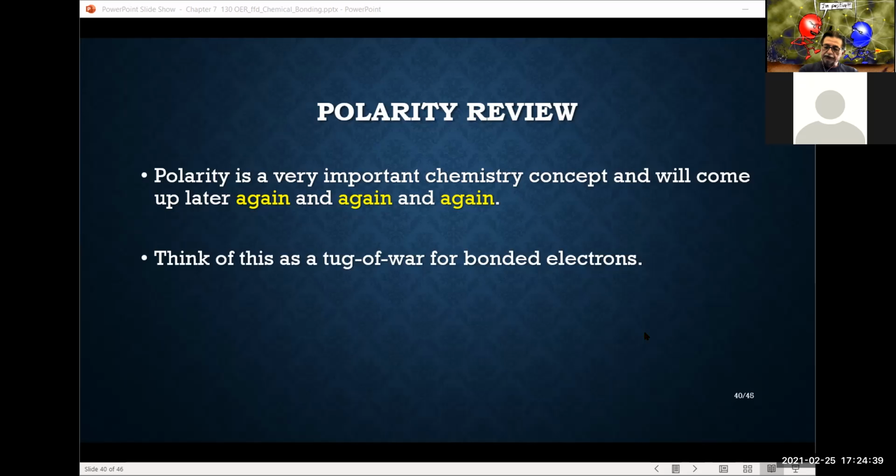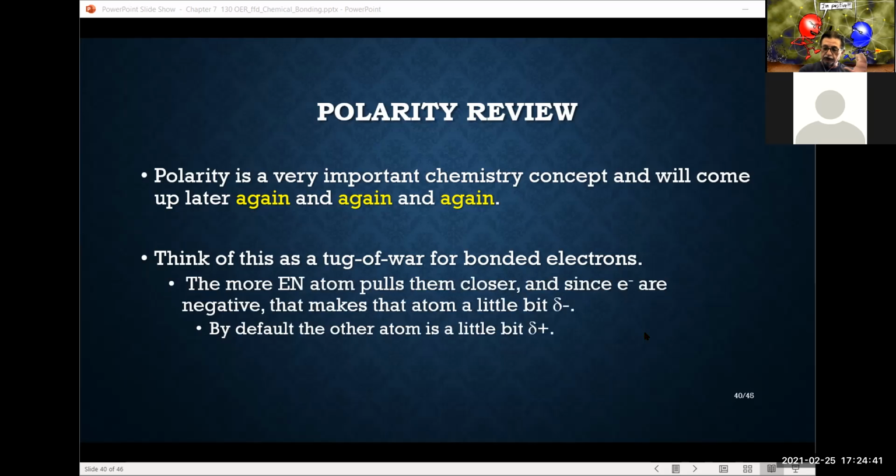And just think of polarity with respect to the bonds as a tug of war between the bonded electrons. The most electronegative element is going to win that tug of war, so to speak, and pull the electrons onto itself, much greater than the one that is least electronegative. They're not going to break apart like the ionic bonds.